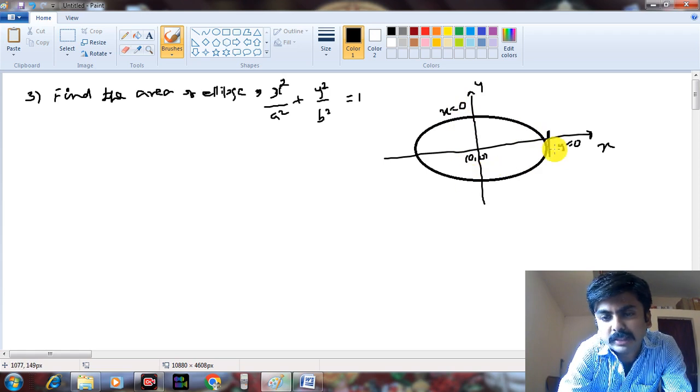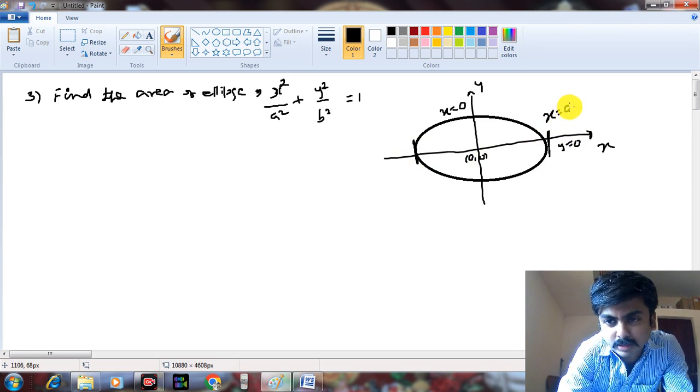This point is given by B or A. We have to identify it very correctly. Since it is on the x-axis, this point is x equal to A, and this point is x equal to minus A.